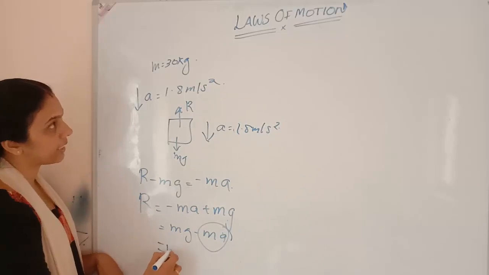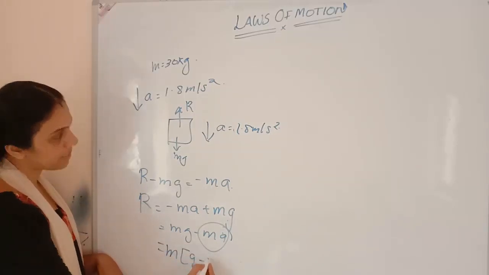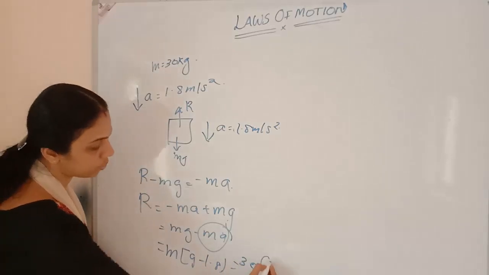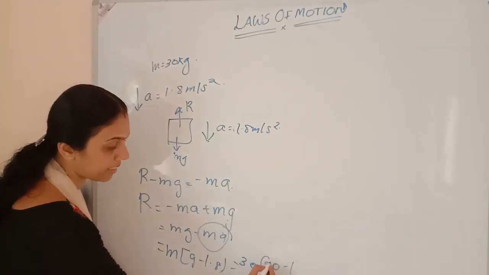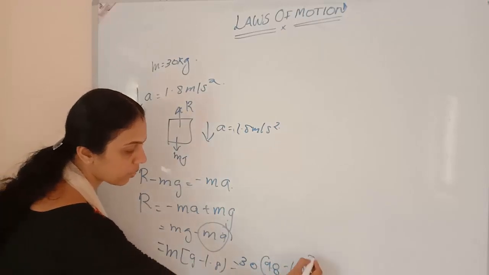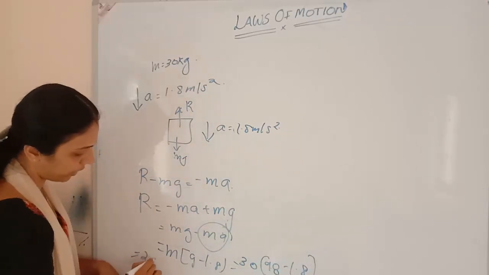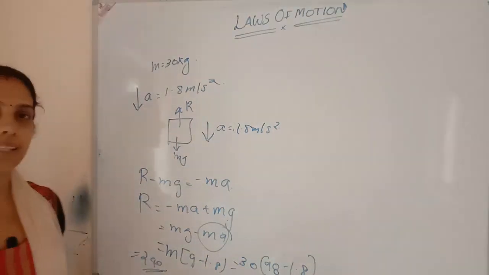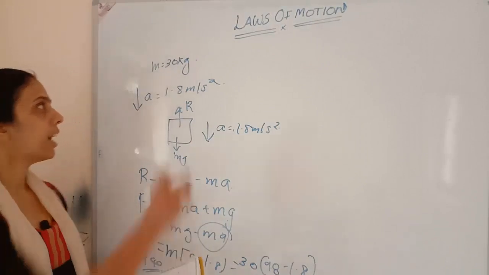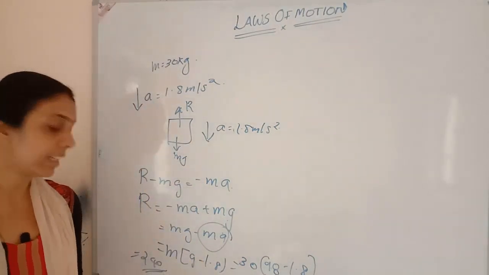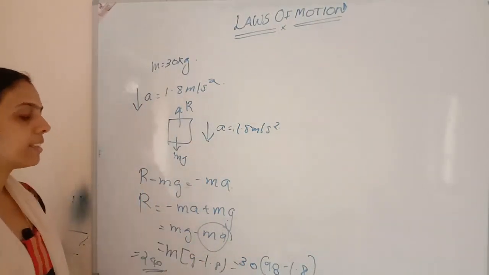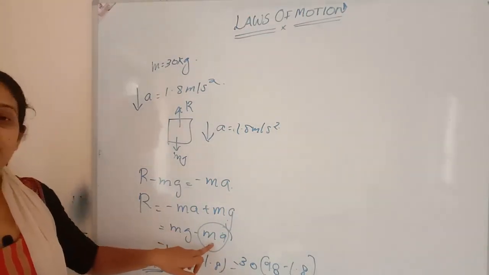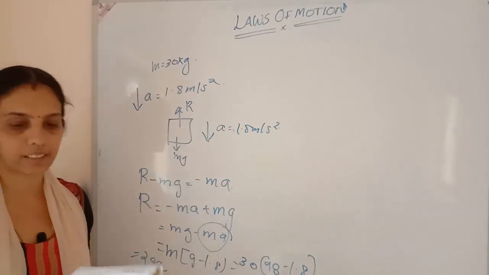How much is it decreasing? R equals m into g minus 1.8. Here m is 30, into 9.8 minus 1.8, that is 10 minus... so it will be 30 into 8, which is 240 newton. 240 will be the reactional force, that is the reactional weight. Otherwise it should be 30 into 9.8. Here it is 30 into 8. So it shows a decrease in his original weight.